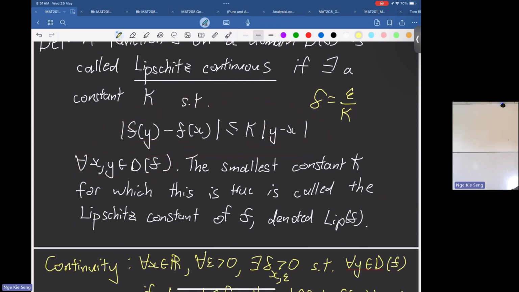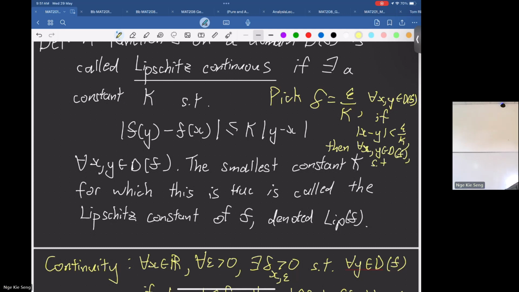So if you pick delta to be epsilon over k, then for every x and y in the domain, if the absolute value of x minus y is less than epsilon over k, then it is also true for all x and y in the domain that the absolute value of f(y) minus f(x) is less than or equal to k times the absolute value of y minus x.